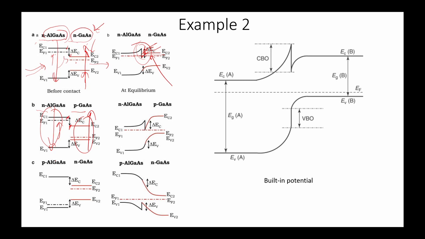So in this case, because of the p type, there will be a very high bending at this interface.